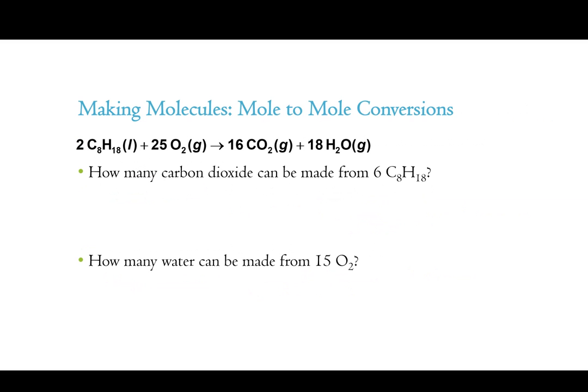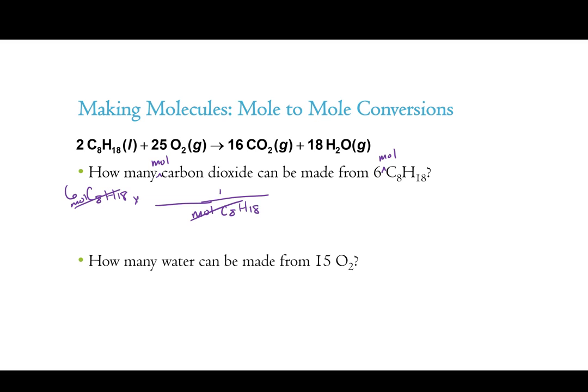So how many moles of carbon dioxide can be made from 6 moles of butane? Write down what you're given. Cancel that unit. I forgot the mole. So mole butane on the bottom.